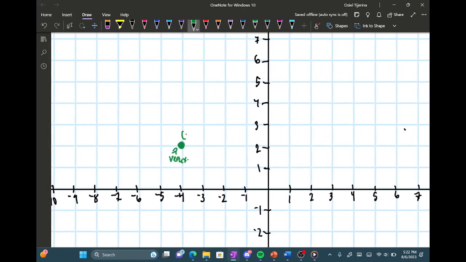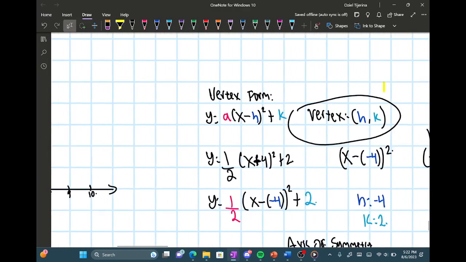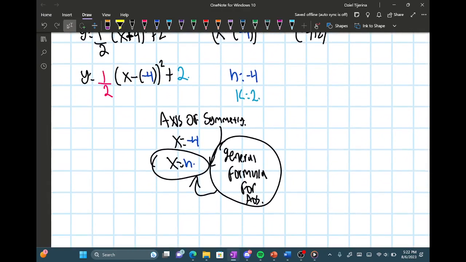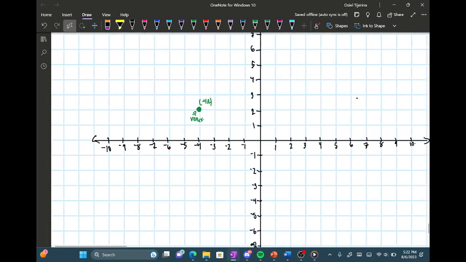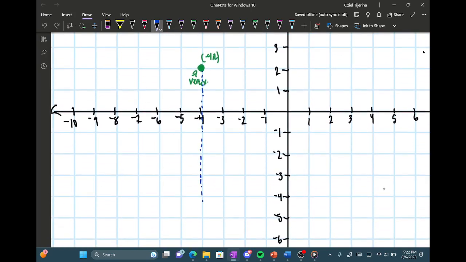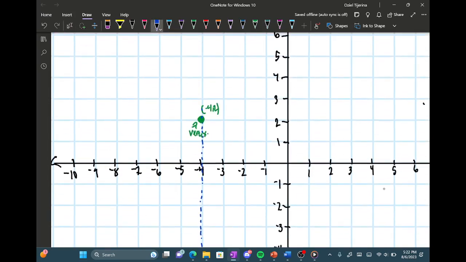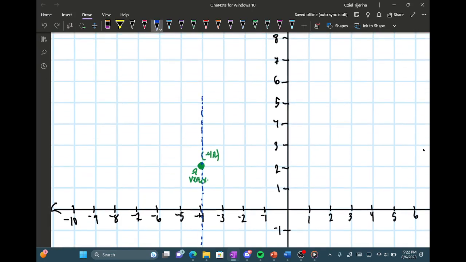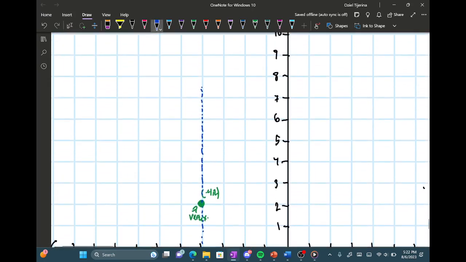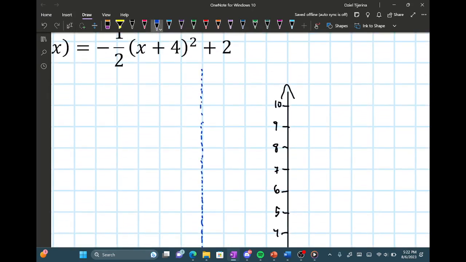I know that my axis of symmetry is x equals negative 4, so we're going to draw a vertical line that denotes our axis of symmetry on our graph.